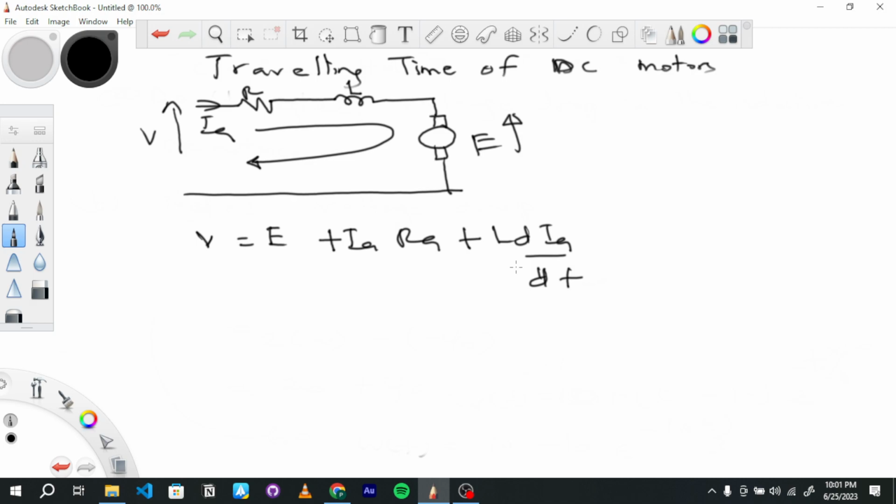Now we can simplify this and combine it with the equation of motion to get a second order equation that defines how the DC motor will behave when changing from one steady state to another steady state.